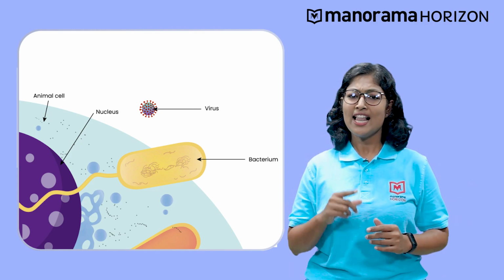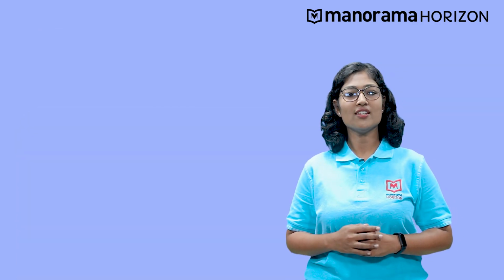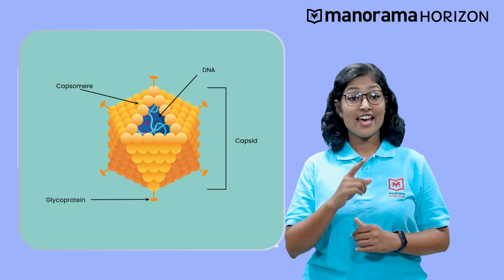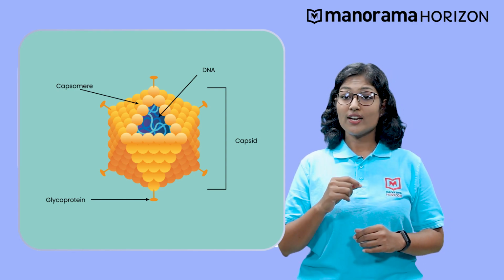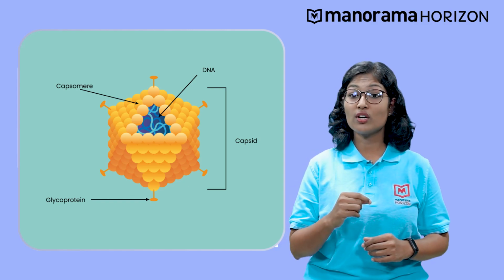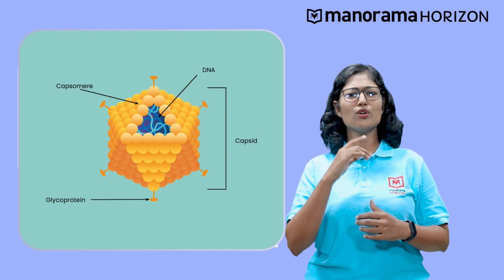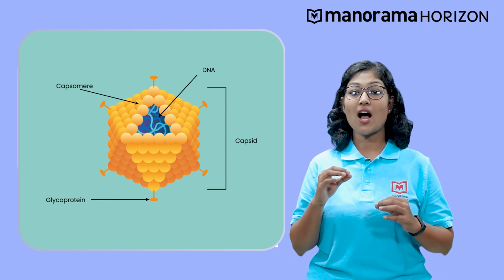Let me ask you a question. Do they have DNA in their body? Yes, they do. They have either DNA or RNA in their body. So, you can define a virus as a nucleoprotein with a genetic material. Do you know one thing? The genetic material present in a virus is harmful to the host body.